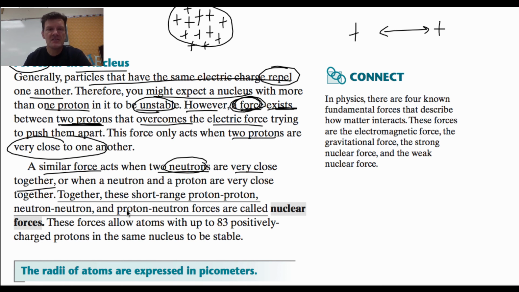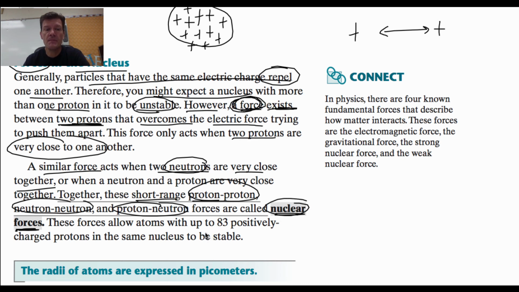But in essence, what you need to understand is that this very mysterious nuclear force is a short-range proton to proton, or neutron to neutron, or maybe a proton to neutron force, but somehow something is gluing all of those particles together in the nucleus, and that is referred to as the nuclear force.